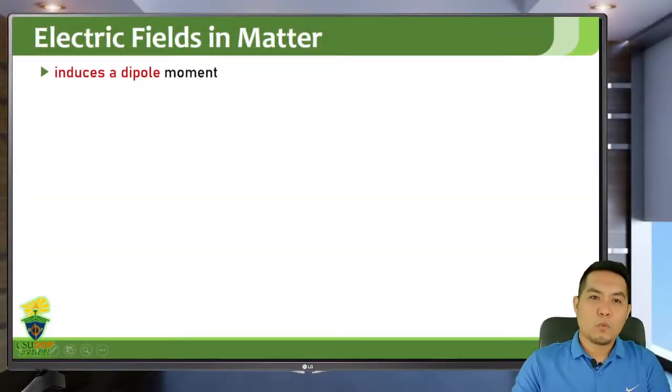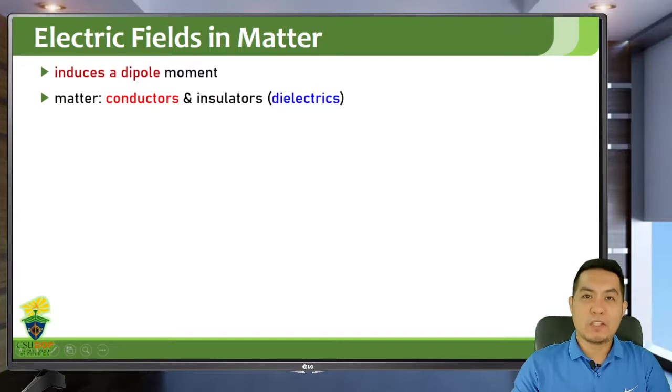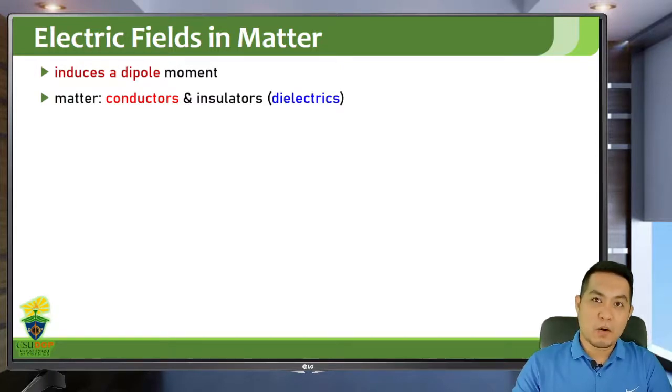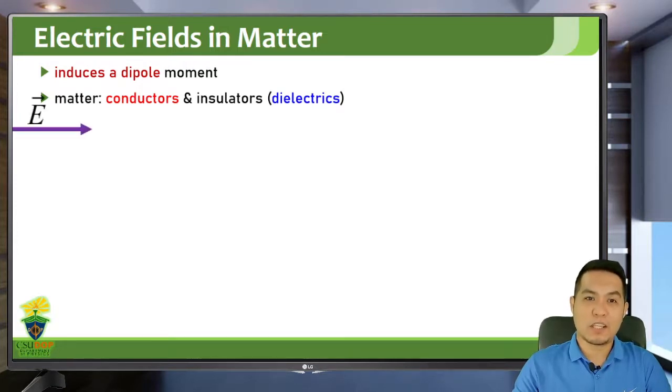So when an electric field interacts with matter, it actually induces a dipole moment in the matter. Matter can be generally categorized into two, conductors and insulators. Insulators are also called dielectrics, and we will be using the term dielectrics instead of insulators.